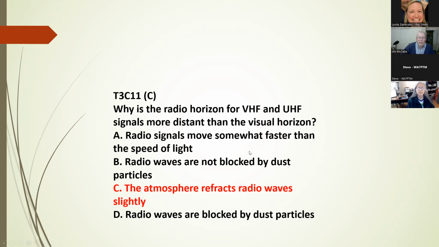Dust particles, no, that doesn't work. That was getting into the theory of relativity. Radio waves do not move faster than the speed of light, and dust particles aren't a factor in this case. So the atmosphere refracts the radio waves. Just think in terms of those charts of the radio waves bouncing up and down in the atmosphere, and also the refraction.